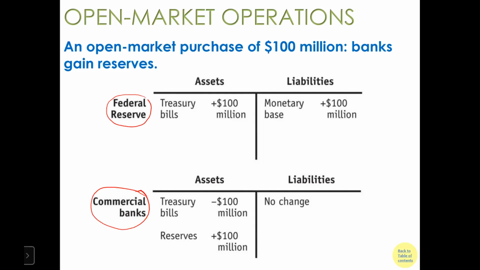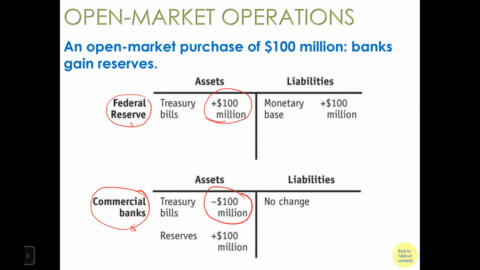So if the Federal Reserve buys some treasury bills from the commercial bank, look at how the accounts change. For the Federal Reserve, their treasury bills will increase by 100 million. And for the commercial bank, their treasury bills will decrease by 100 million. But how is the Federal Reserve going to pay the commercial bank?